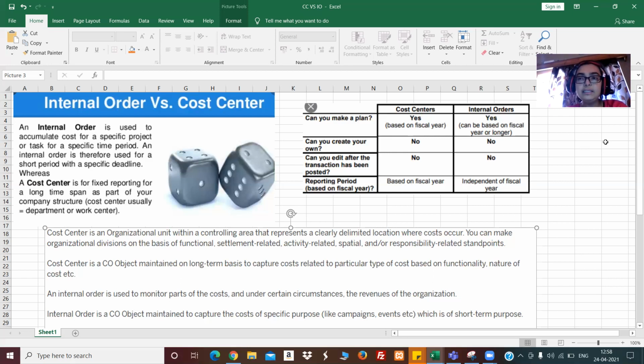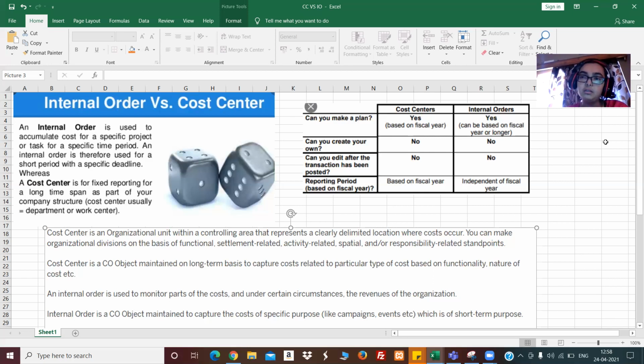Finally it shows you the variance, a report with the actual cost and the planned cost as well. In both the internal order and the cost center you can plan beforehand. After the actual booking and posting, you can see the difference between the planned cost and the actual cost.